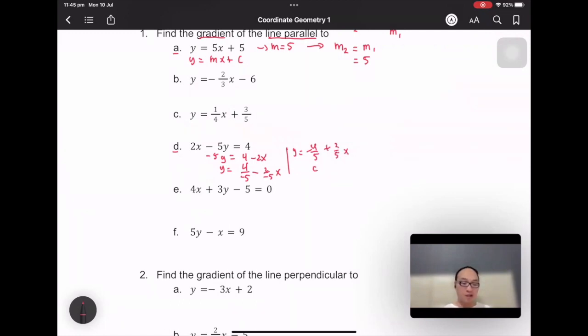Now this is c plus mx. So the gradient is the coefficient in front of x, the coefficient of x. So the gradient here is 2 over 5. So the gradient of the line parallel to this line is equal to 2 over 5.